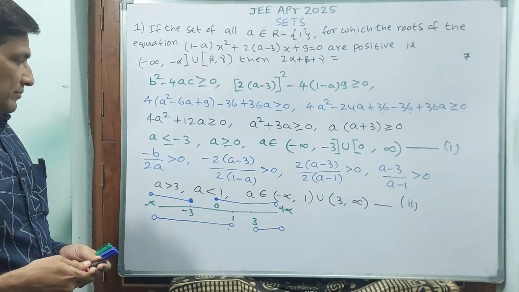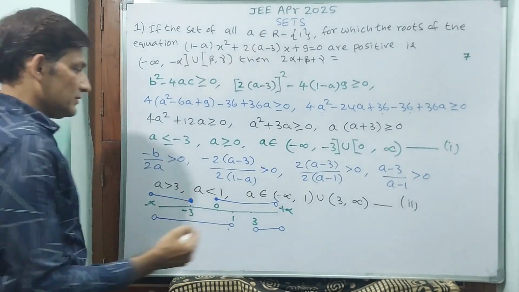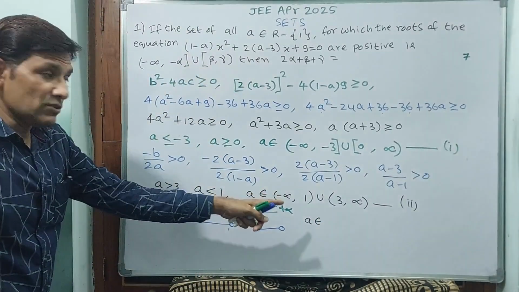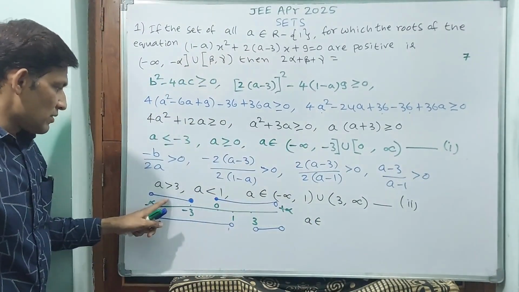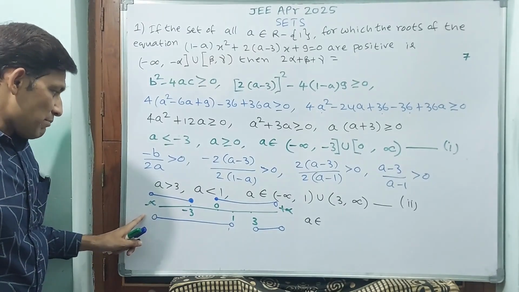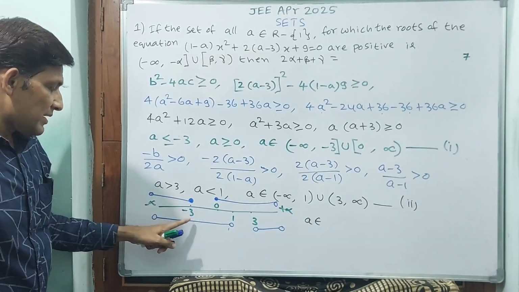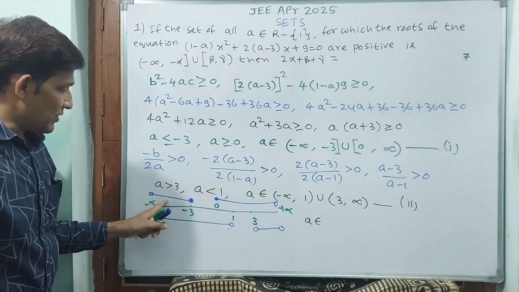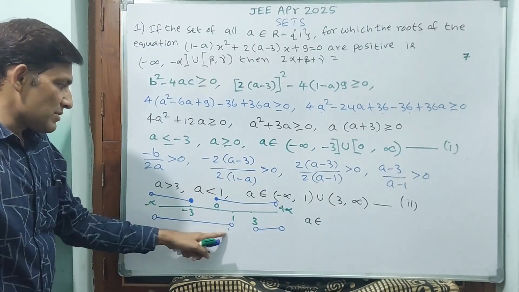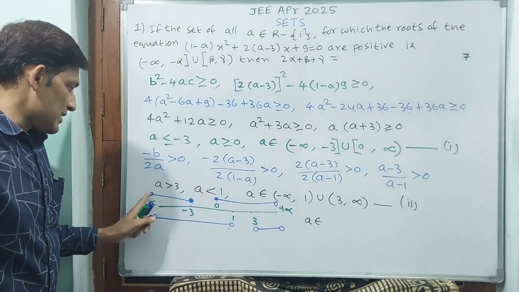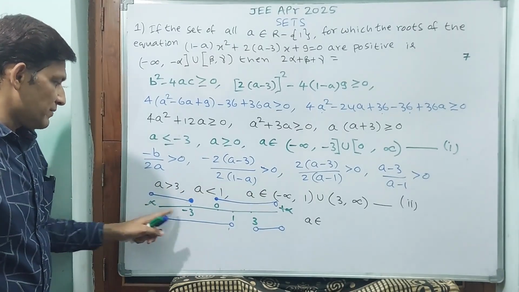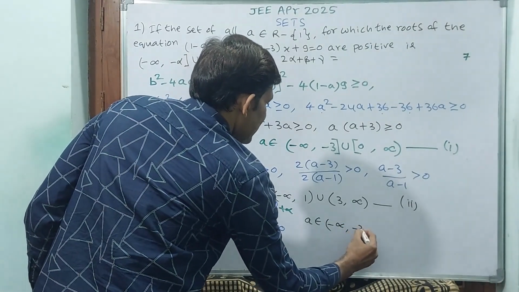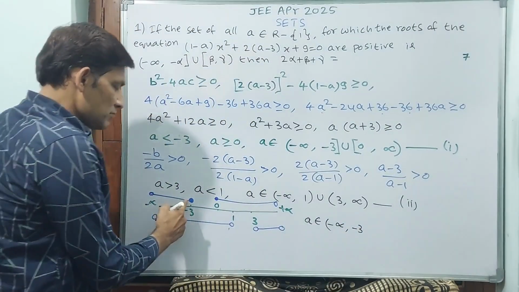Now what can we infer from this about the value of a? With these two figures, shall I say minus infinity to minus 3? Because here the upper part is not there, only the bottom is there. For both to match, it is minus infinity to minus 3. Is minus 3 a closed bubble? Yes, sir.